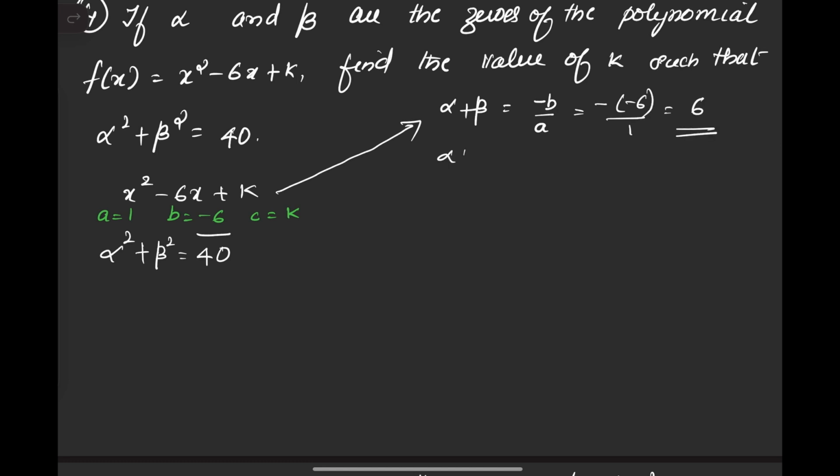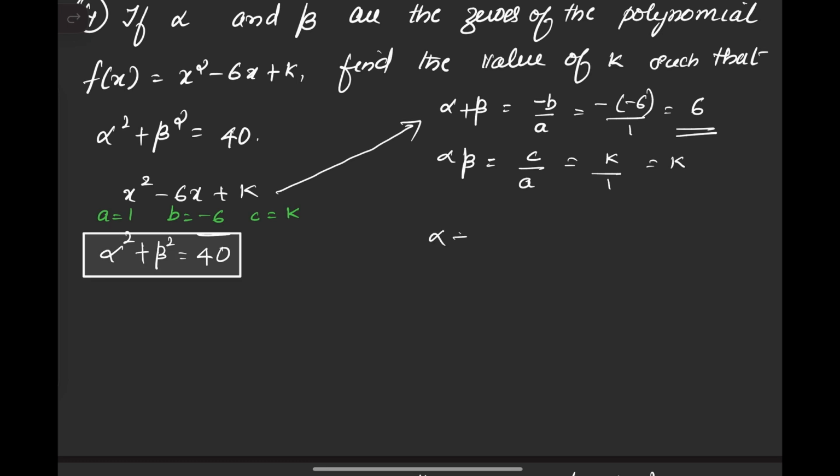Now we go with alpha beta, that means the product of the zeros. The product of zeros, the formula is c by a. We have c as k, so k by 1 is equal to k. Now it is given that alpha square plus beta square is equal to 40.